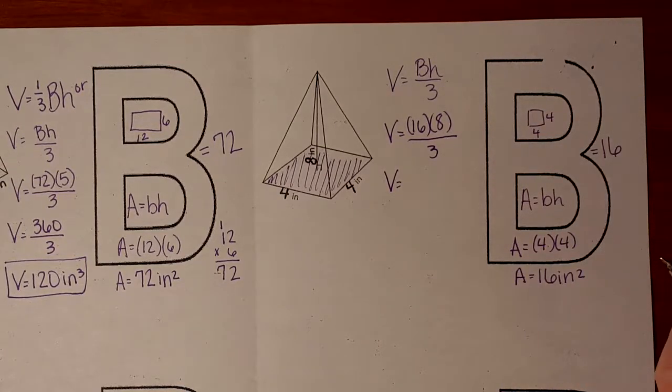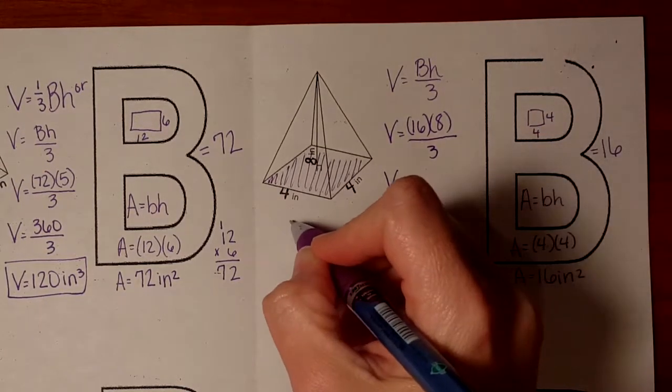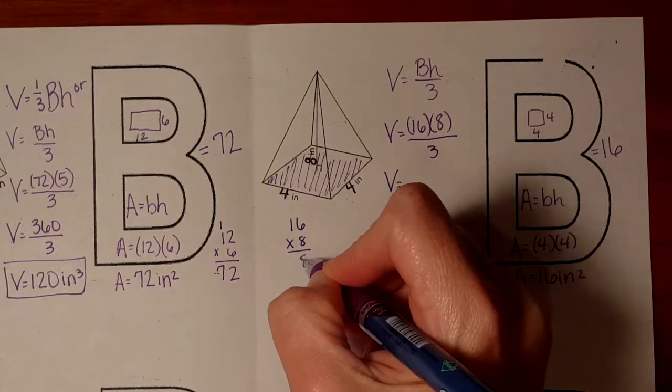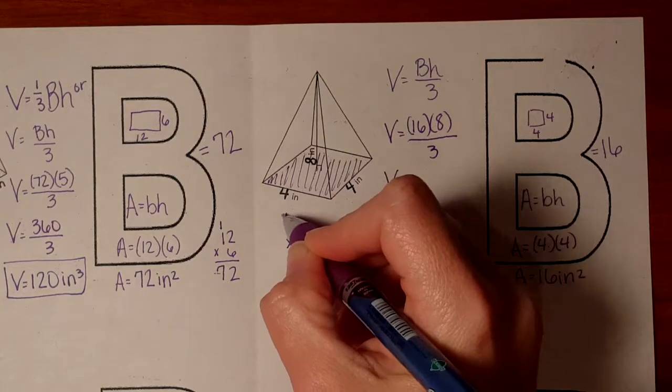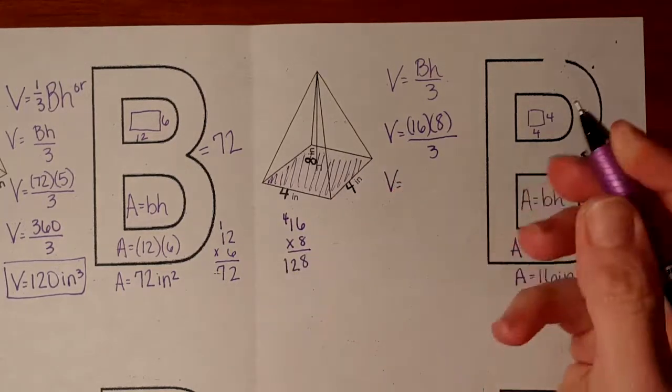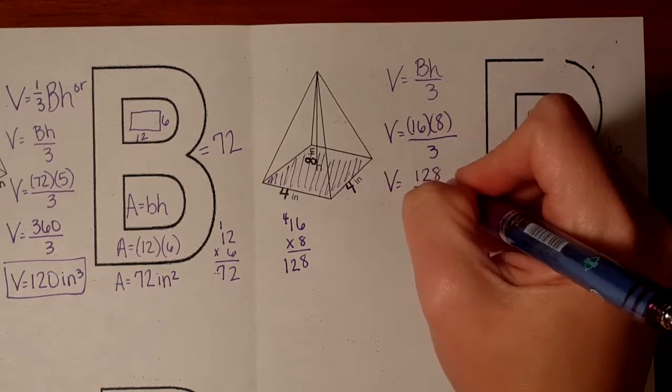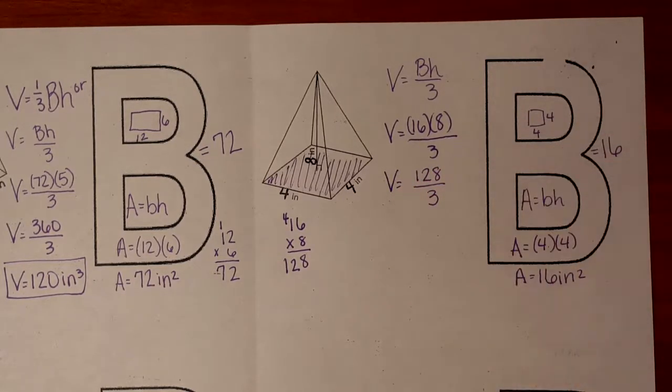So now I'm going to multiply the area of my base times the height, which gives me 128. And now my final step, I'm going to divide that by 3.